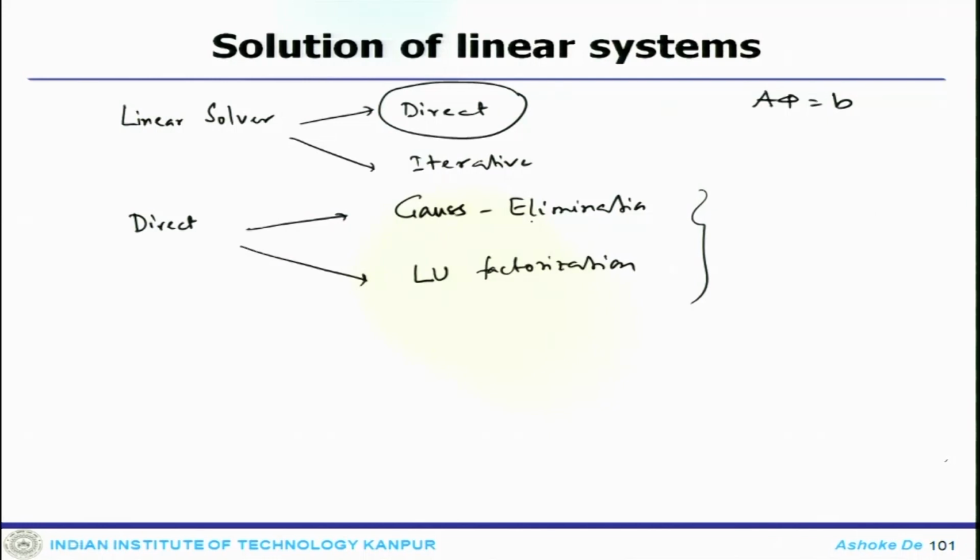LU factorization requires more operations, but it provides better flexibility compared to Gauss elimination, and it can be used if the coefficient matrix is not changing. It can also be used for a different right hand side vector b.